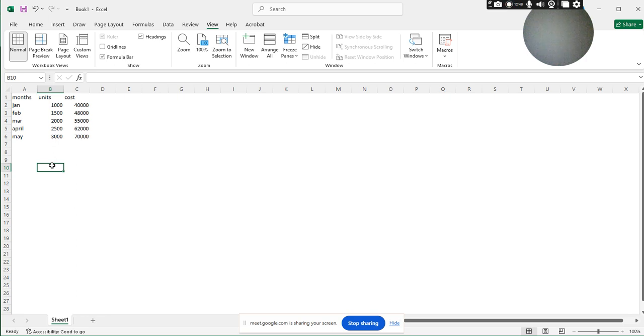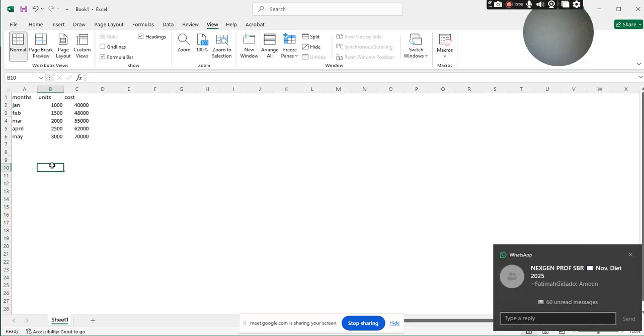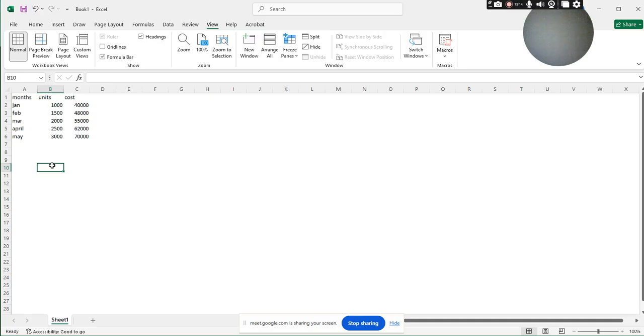I said the reason why we need to separate this cost is for us to know the variable element of the cost and the fixed element. Because if you see the cost here, we have just 40,000, 48,000, 55,000, 62,000 and 70,000.